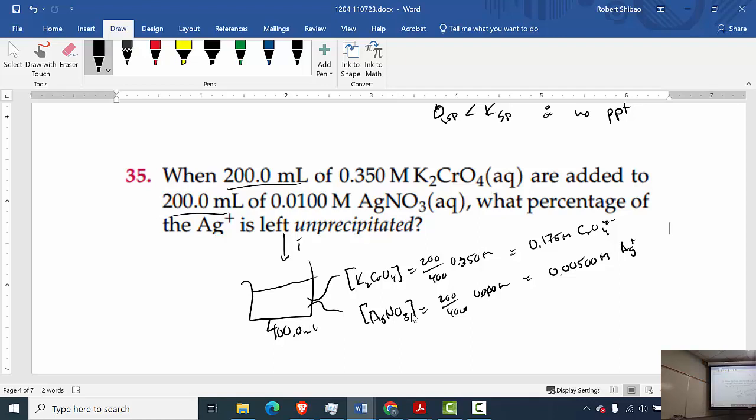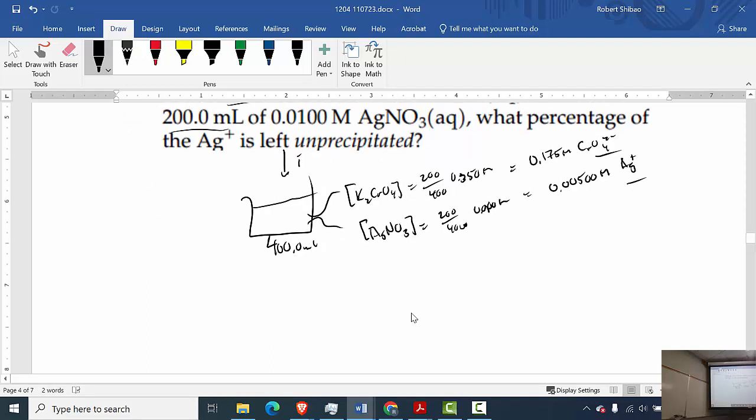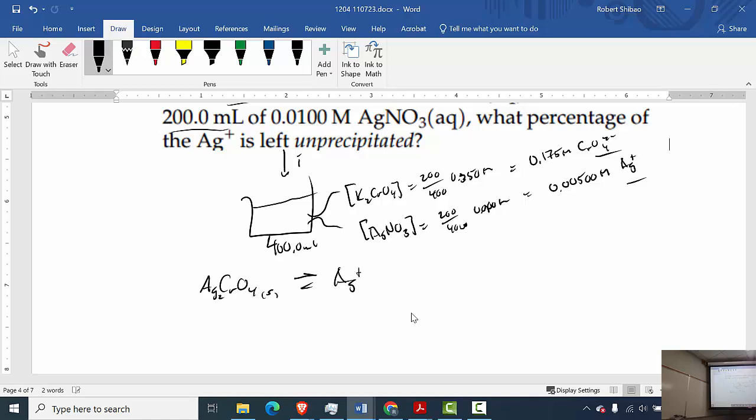So it's just the chromate and the silver. Silver chromate's insoluble. And so the precipitate is going to be silver chromate. But when we do the precipitation, we always do the KSP equation as written here, to figure out what's going on with the precipitation.